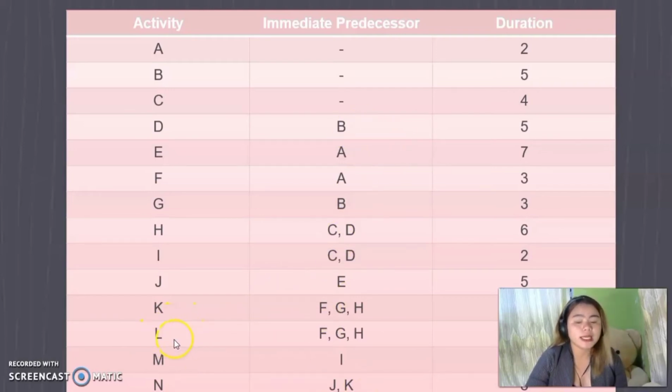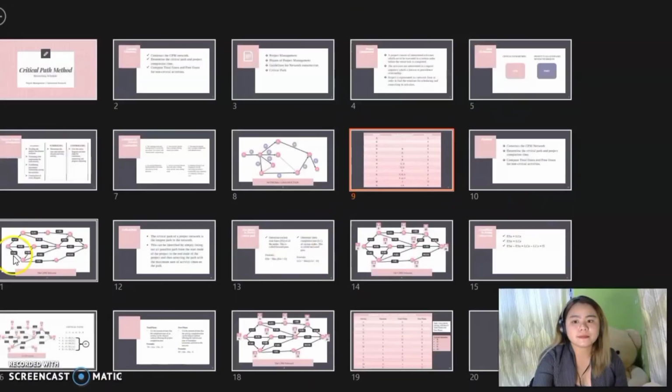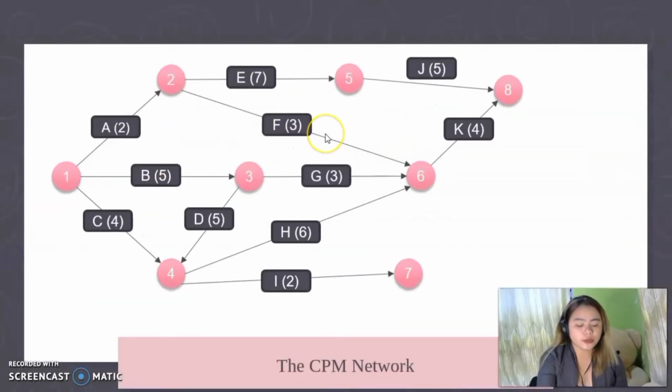Therefore, these three activities are called ending activities, and they end at the same node. L starts where F, G, and H end. So it starts here, L.